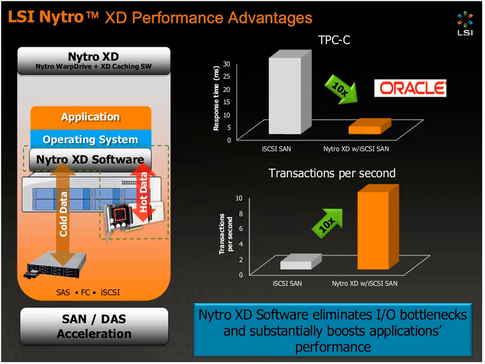Some of the benchmarks we've done in the lab and what other third parties have done, XD gets great performance gains when running with Oracle TPC-C, TPC-H. In this example, we show a 10 times improvement in response time and 10 times in the number of transactions per second. So XD eliminates I/O bottlenecks, whether it's going against a SAN or a DAS.